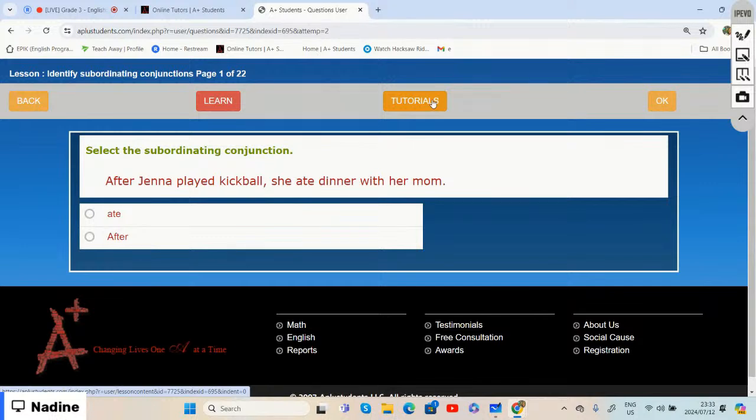We choose either ate or after for our subordinating conjunction. So, after Jenna played kickball, she ate dinner with her mom.